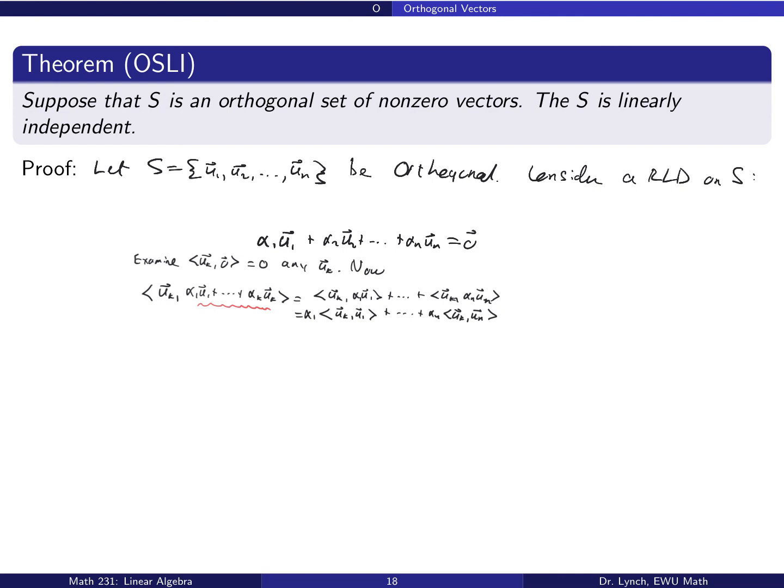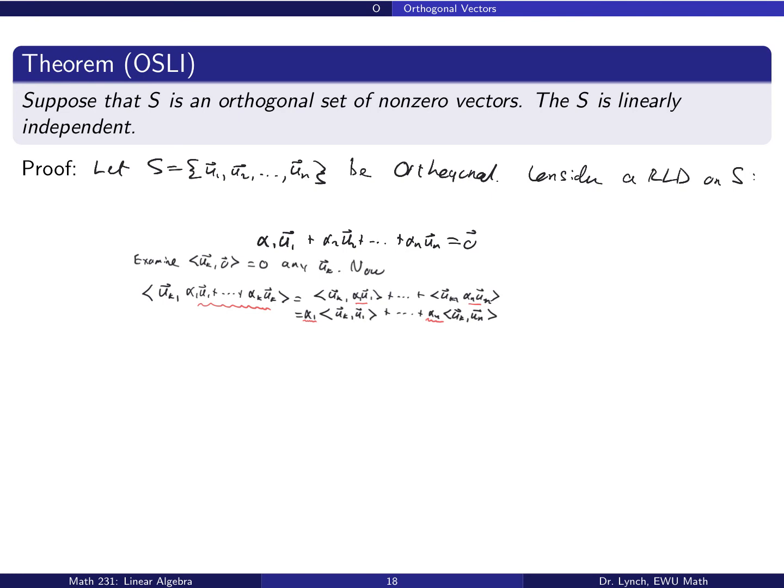Of course, we know that the inner product is distributive over a sum, so we get the inner product of uk with alpha 1 u1 all the way out to alpha n un. And we also know that we can pick off those constants, so we end up with alpha 1 times the inner product of uk with u1, all the way out to alpha n times the inner product of uk with un.